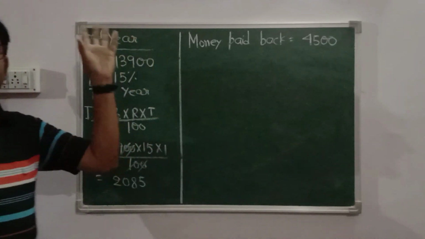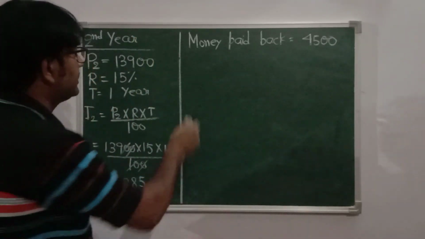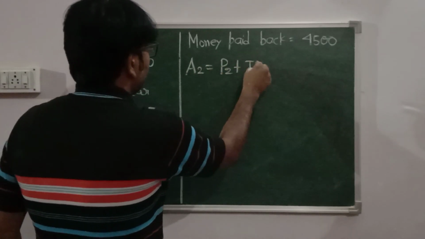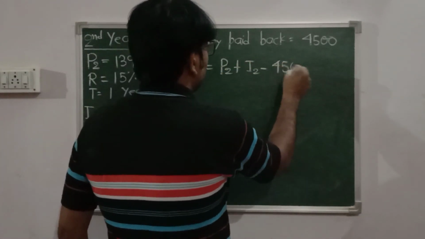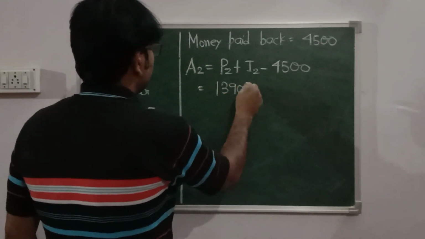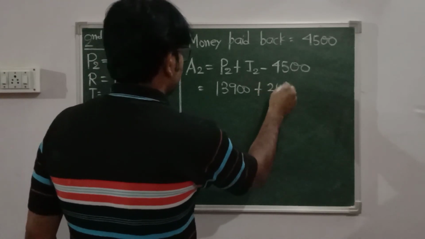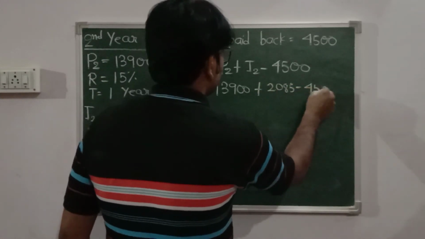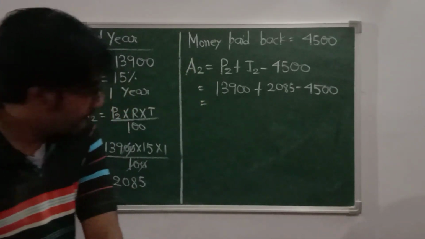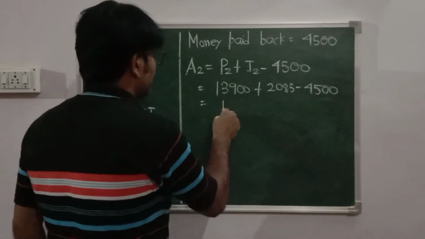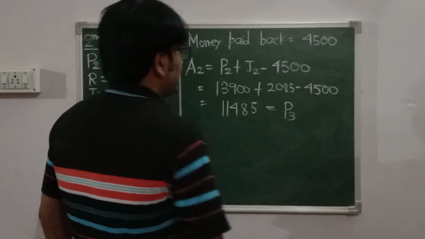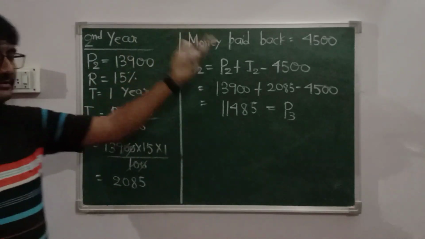2085 is the interest. Now money paid back again is rupees 4,500. So what is the amount A2? A2 is P2 plus I2 minus 4,500. So P2 is 13900, I2 is 2085, minus 4,500. So it is coming to 11485, and that is the value P3, principal for the next year.